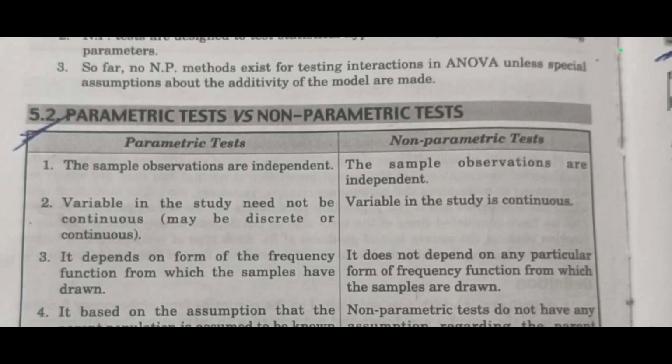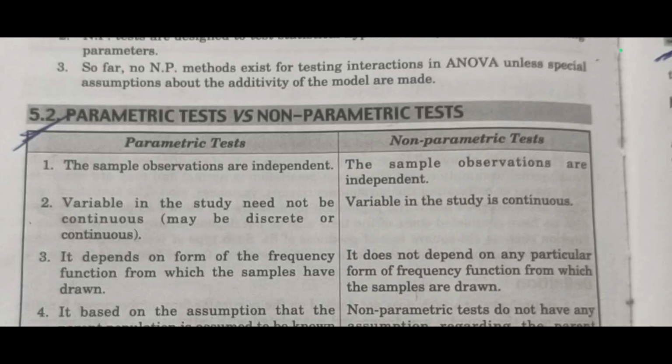A regularly asked question in our examination is: write the differences between parametric tests and non-parametric tests. So let's see some of the important points. In parametric tests, the sample observations are independent; they are independent here also.